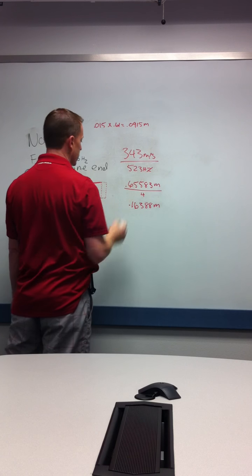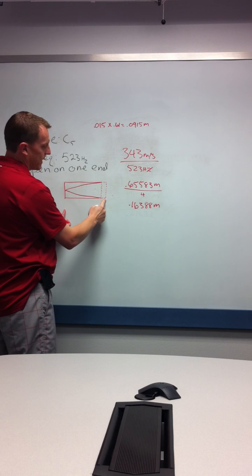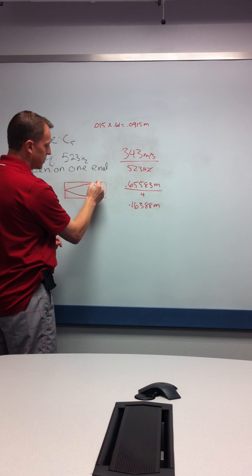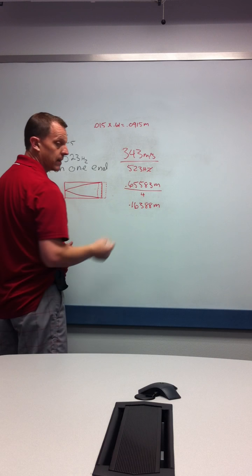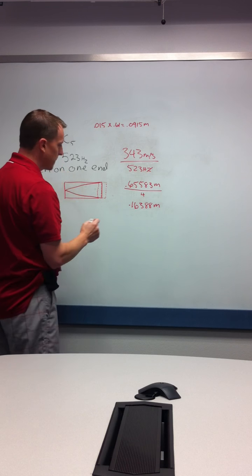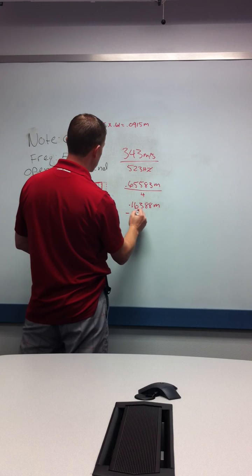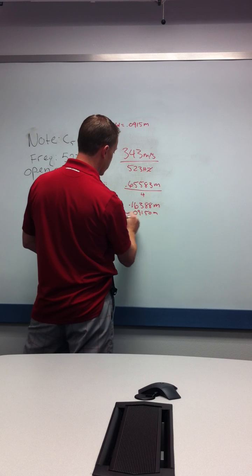That number is 0.0915 meters. So you can see that if it is extending outward by that much, we actually need to subtract that from this tube. So our net is 0.16388 to give us C5. So let's do that. We're going to subtract 0.09150 meters.